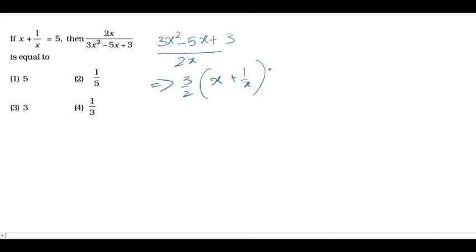Leave the middle part, that will be minus 5 by 2. Okay, this part is 5. So 5 times 3 is 15. 15 minus 5 is 10. 10 by 2 equals 5. But we need to mark the one which is the reverse.